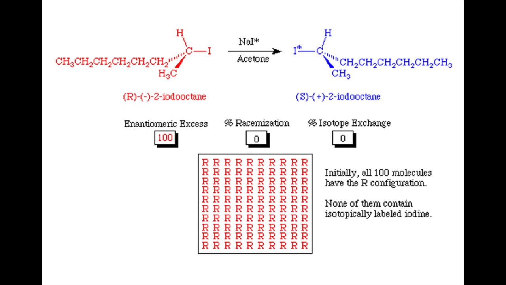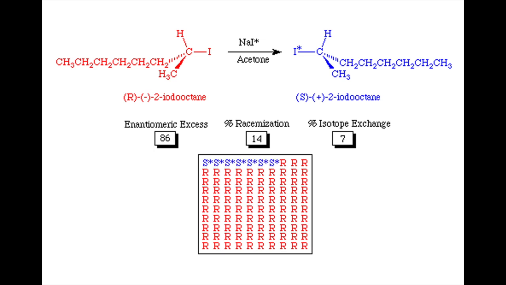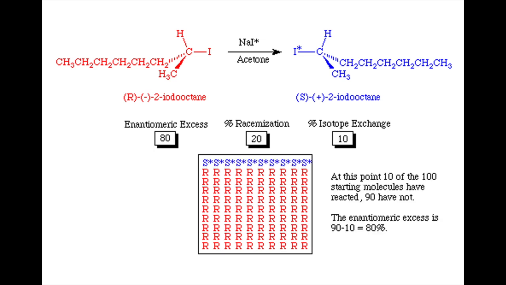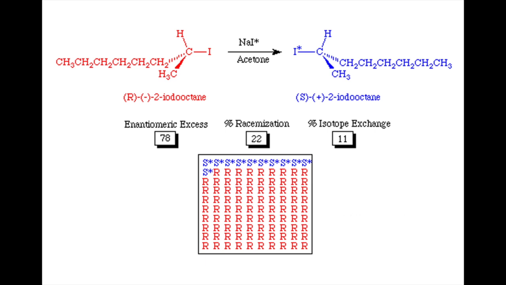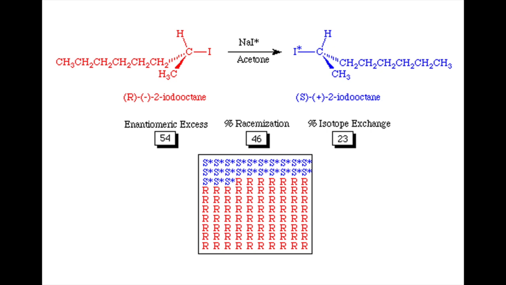Okay, so I found this GIF. Let's run it. As the reaction starts, we're going to see racemization and isotope exchange happen. And what you're going to see is the percent racemization is always double the isotope exchange, right?